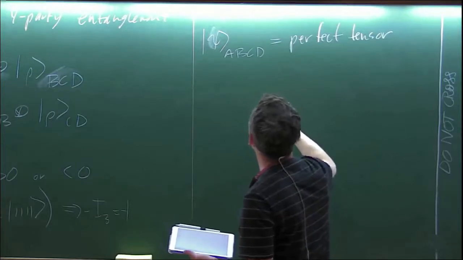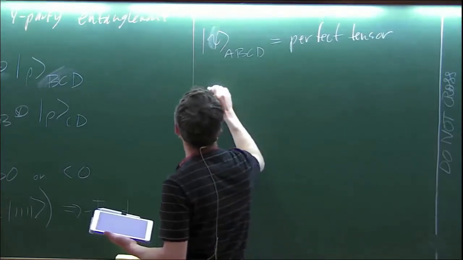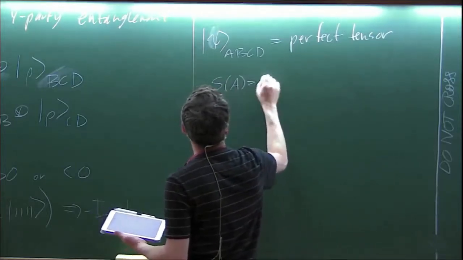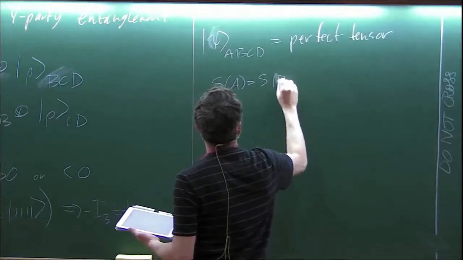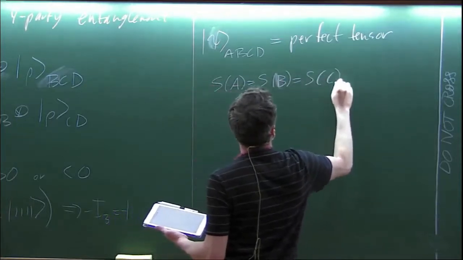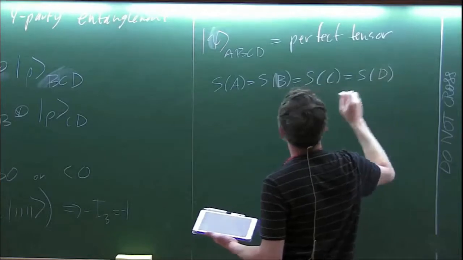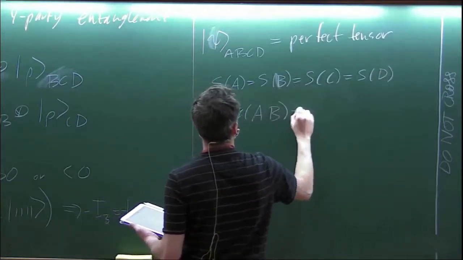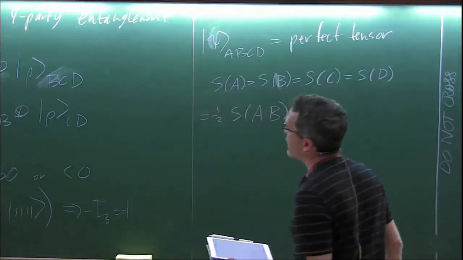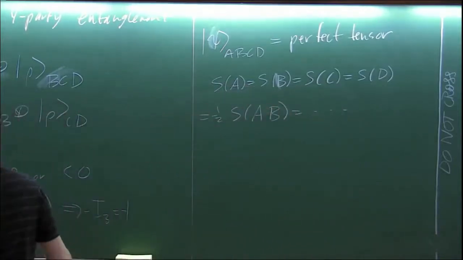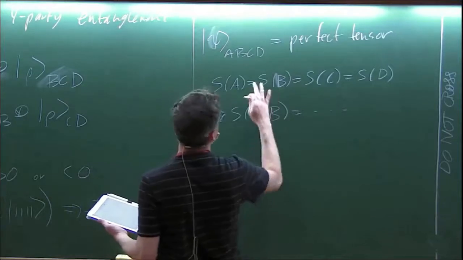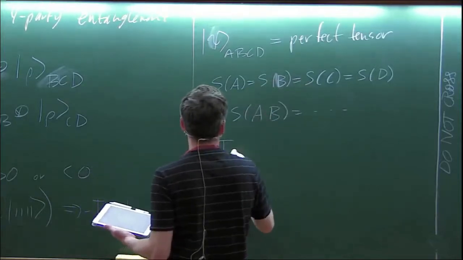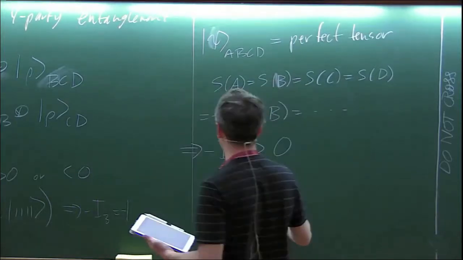So perfect tensor means that all of these are equal, and they're all equal to a half of all of the two-party ones. Then you plug it into the formula, and since these are positive quantities, that implies that this is positive.